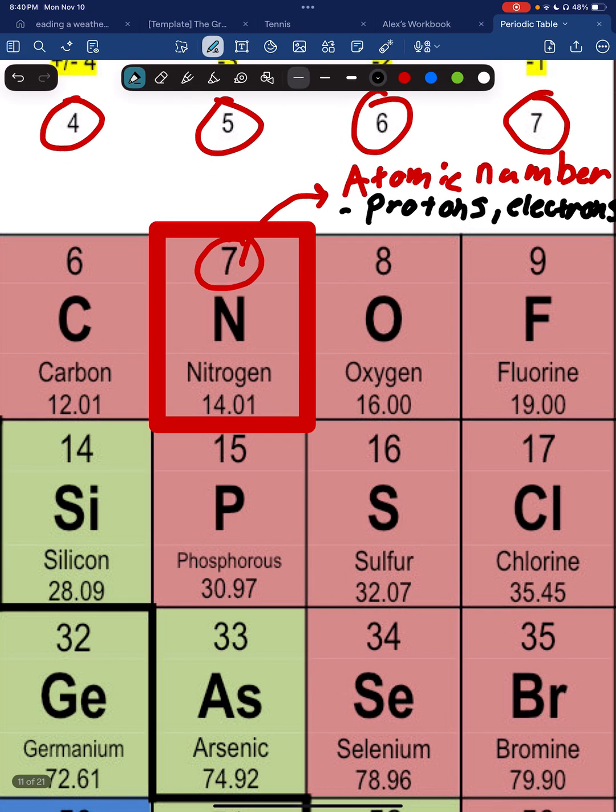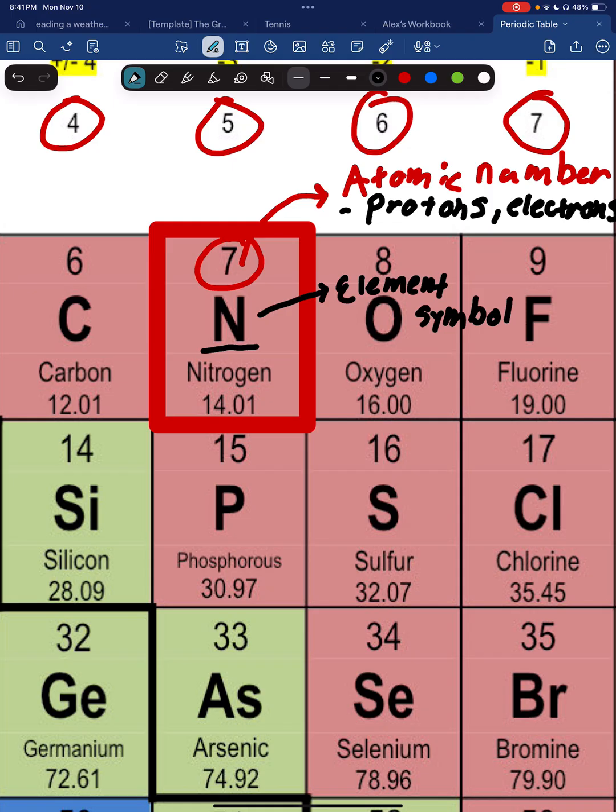Now here, the next thing that we have is this letter N. This letter N is known as our element symbol. Your element symbol is just a simplified version of the word.